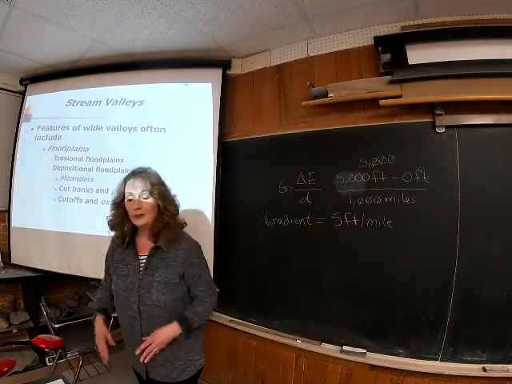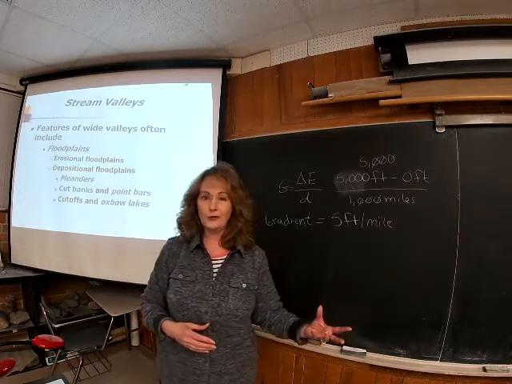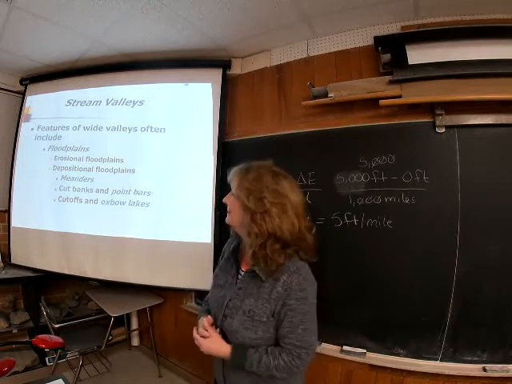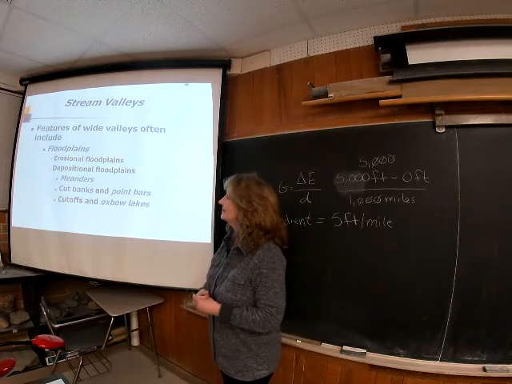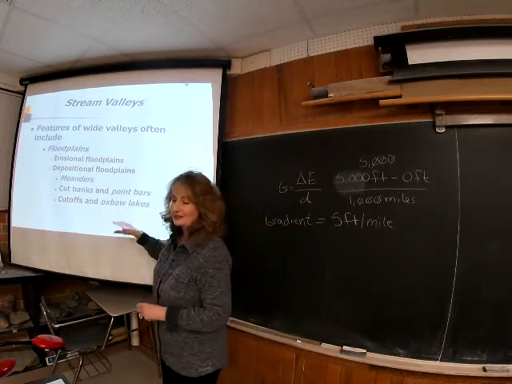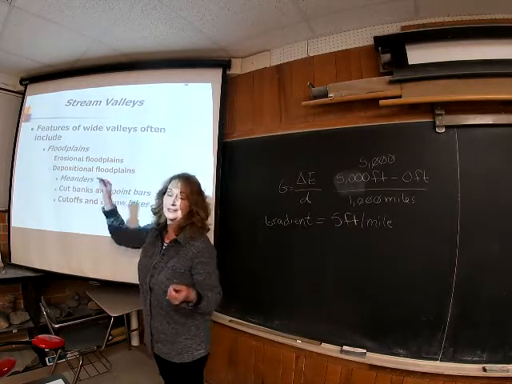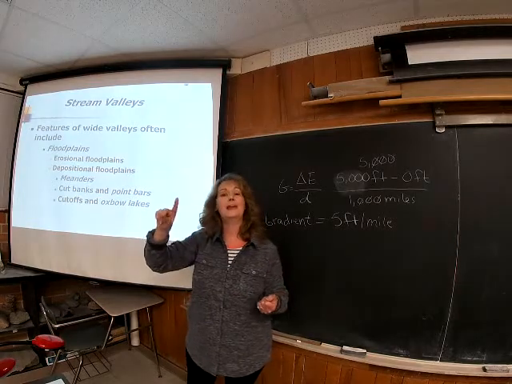In our floodplains, you can have erosional floodplains and depositional floodplains. They're going to talk about both of these, some features that we'll see. So, of course, meanders, as we were seeing, Mississippi River meanders.